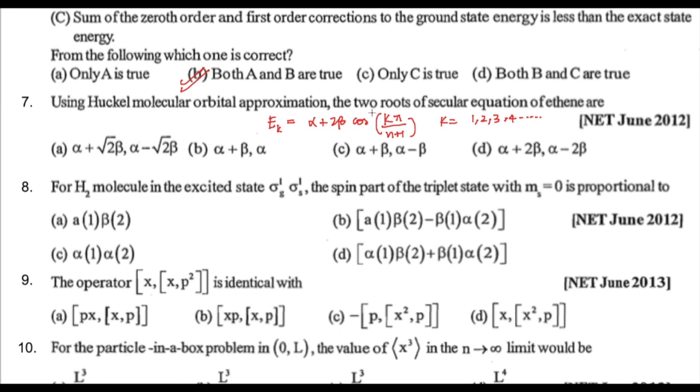And n will be the number of carbons, so the number of carbons for ethene will be 2. So you put the value 2 here, and putting k equals 1 and then k equals 2, you will get two values. When you solve that, you will get the answer, option C, that is alpha plus beta and alpha minus beta. These are going to be the roots of your ethene molecule.